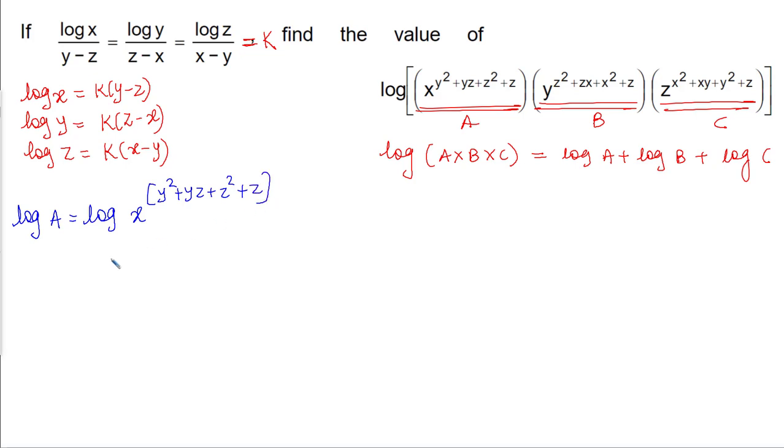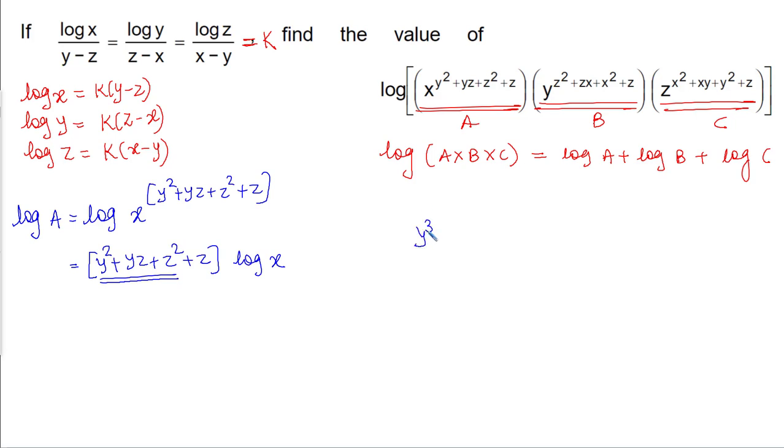Now let's solve this. That power will come into the coefficient place. So y square plus yz plus z square plus z, into log x. Now after looking at these three terms, what should come to our mind? These three terms are part of the formula of y cube minus z cube.